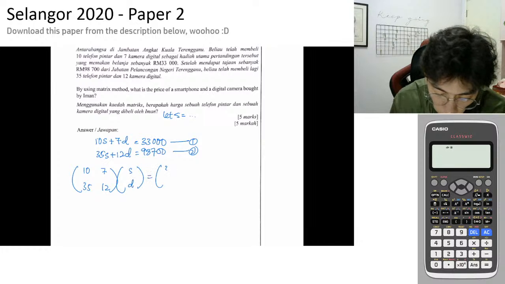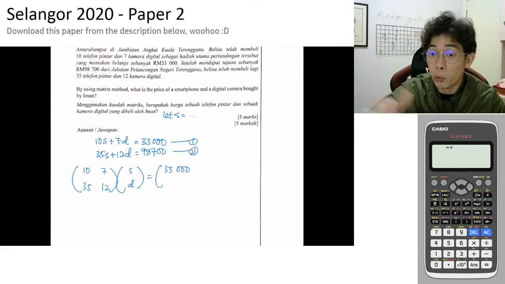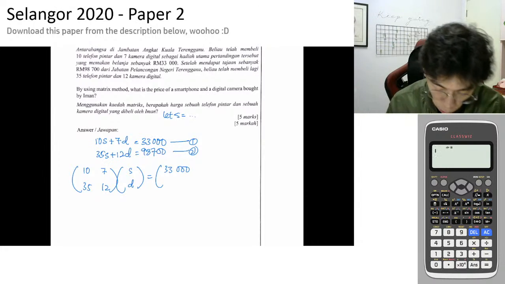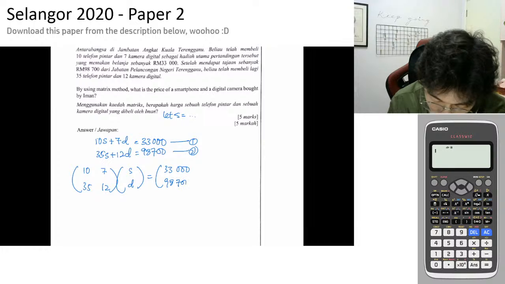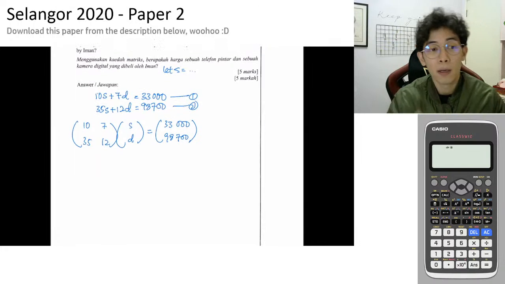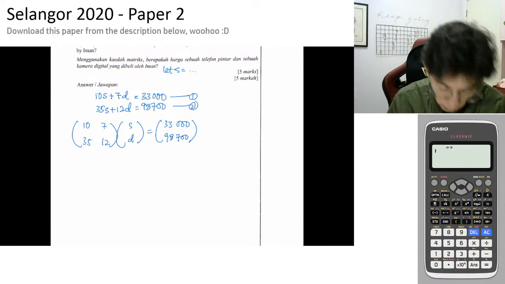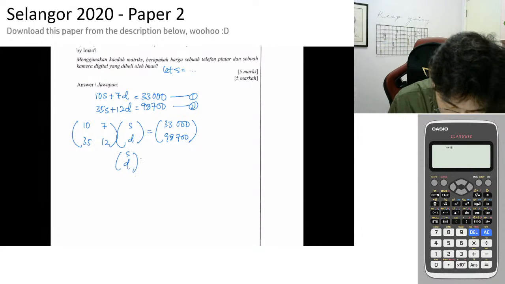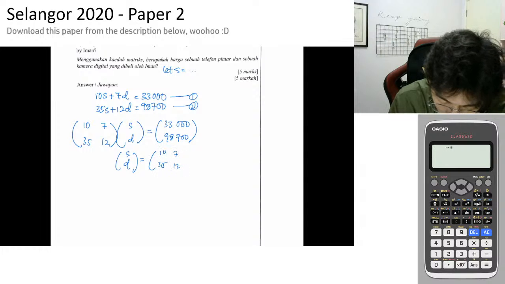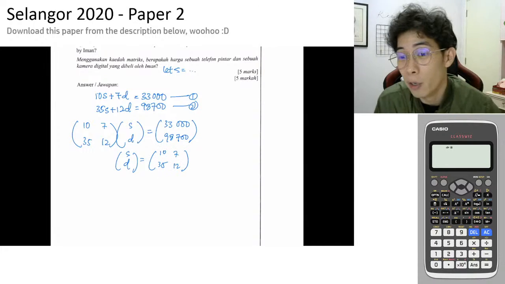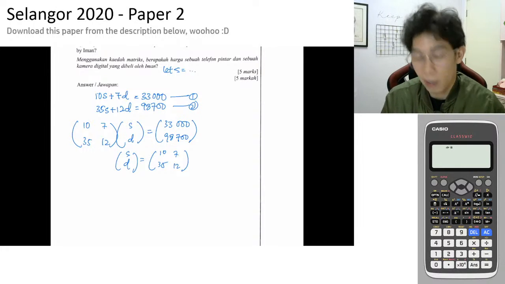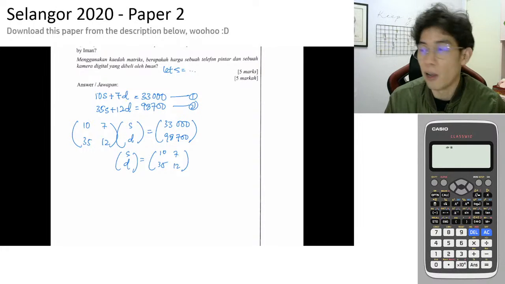This is how you convert. I'm not explaining in detail because today is a go-through. SPM 2020, you win already, you sure can do it. 98,700, close. I formed the equation already. Let's do it. So SD equals, write this, 10, 35, 7, 12, inverse, 33,000, 98,700, close. Remember everyone, don't be like Liang J. His handwriting is very bad.